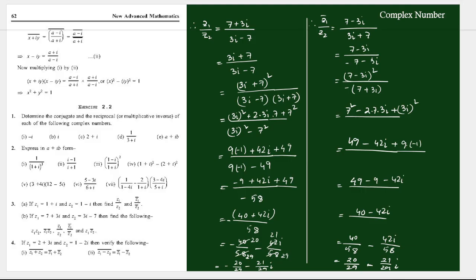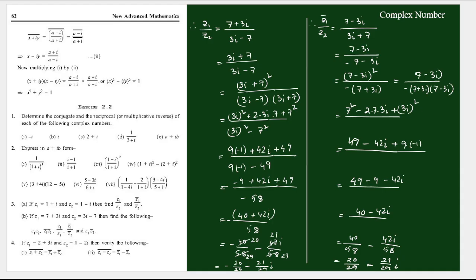Okay, then we need to write one more step. Minus will be there, so 7 plus 3i, 7 minus 3i, then only 3i square will come.